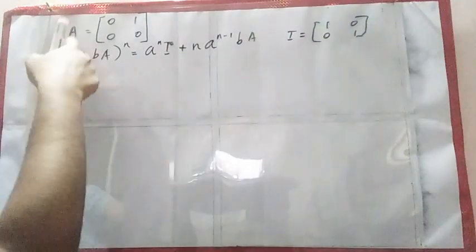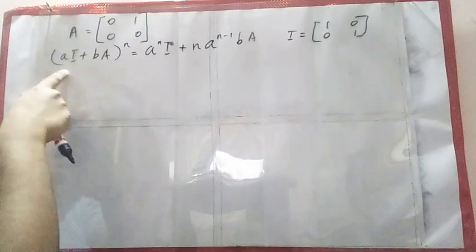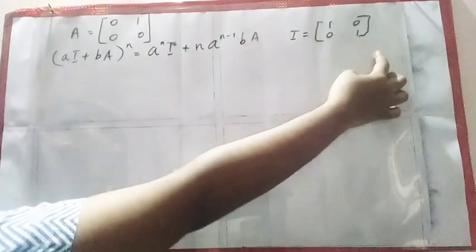So here given is a 2 by 2 matrix A, and we have to show that (aI + bA)^n is equal to a^n I + n a^(n-1) bA, where I is the identity matrix of order 2. We are going to prove this using the principle of mathematical induction, which you have already learned in your 11th class.